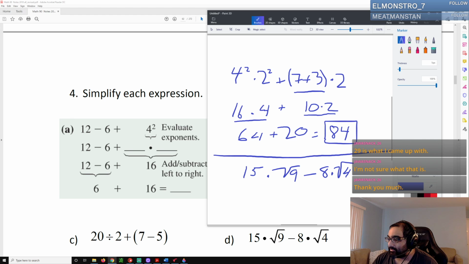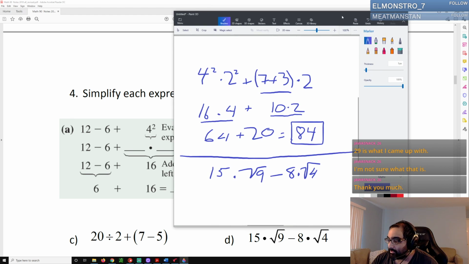Okay. So let's take a look here at this problem. Does anybody have an answer? Is that one answer here, 29? Anybody else have an answer for me for this problem? Okay, you got 29.